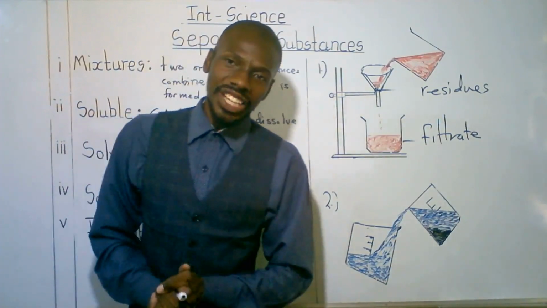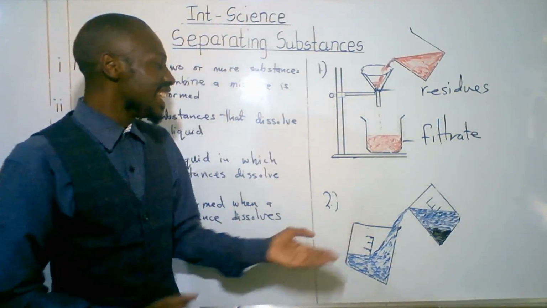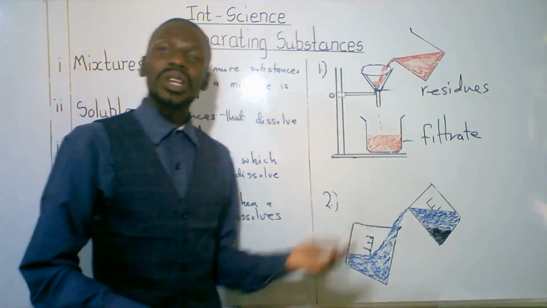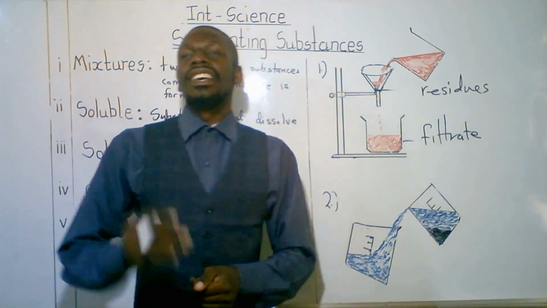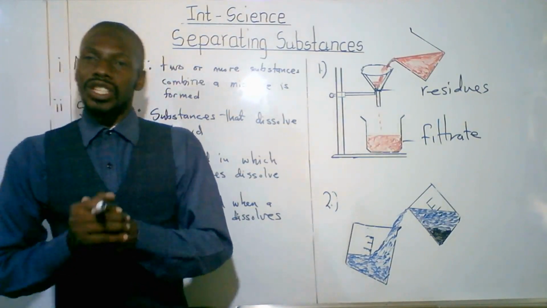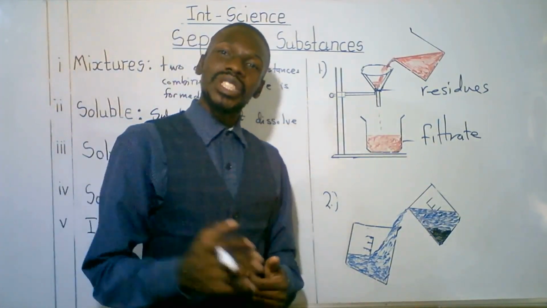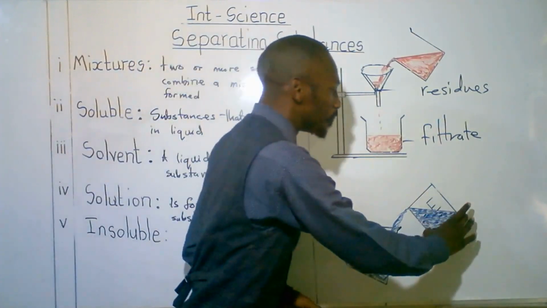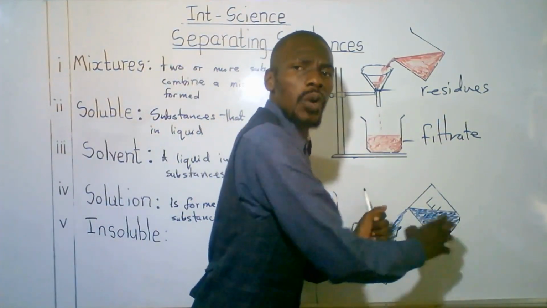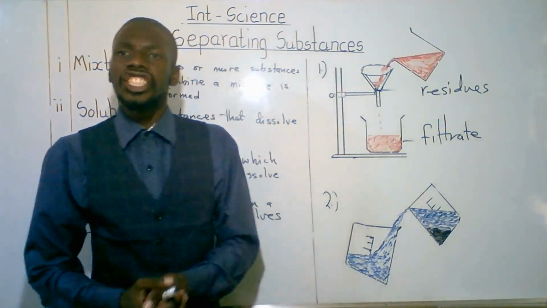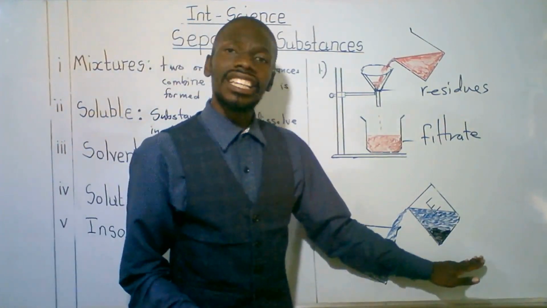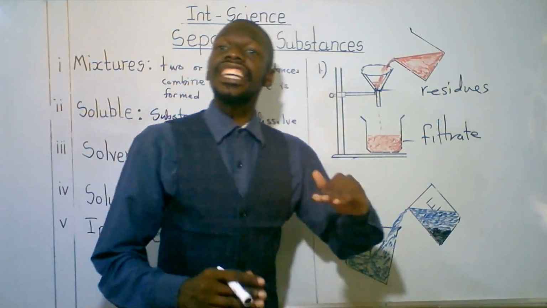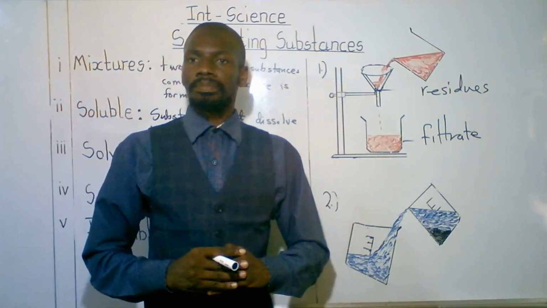Apart from the filtration method, we can decant. Decanting is another method in which we can separate insoluble substances from soluble substances. What do we do when decanting? We put the jar or beaker that has the mixture and make it settle, so that the solid particles settle at the bottom.